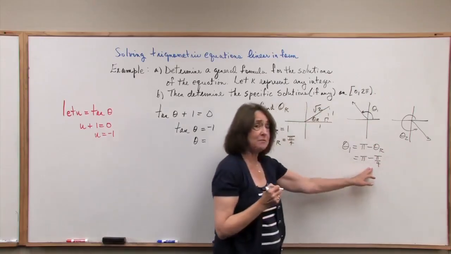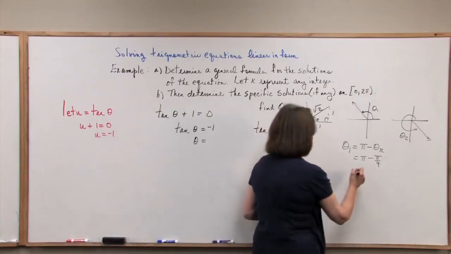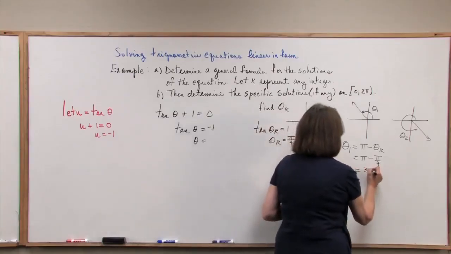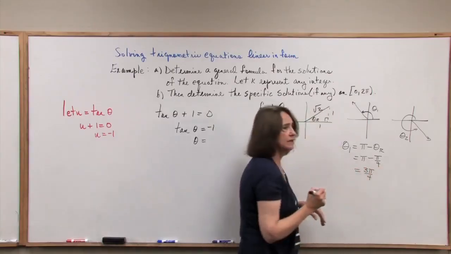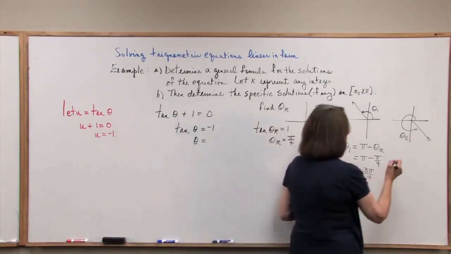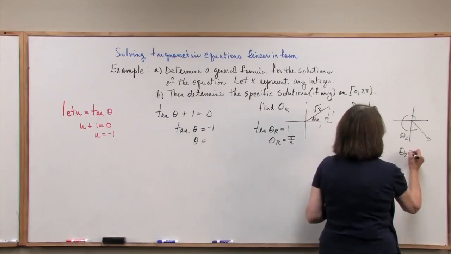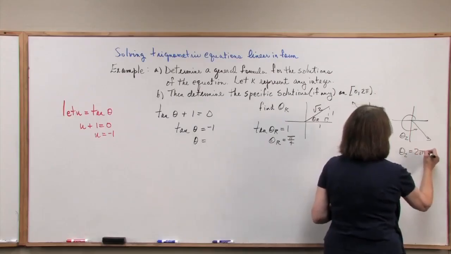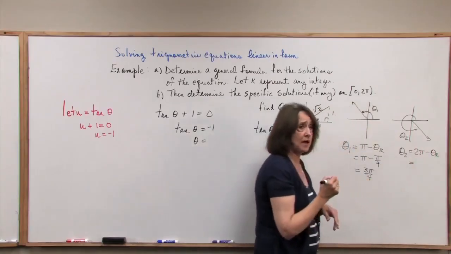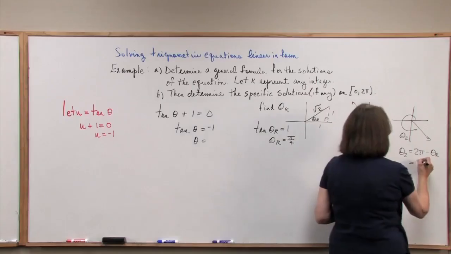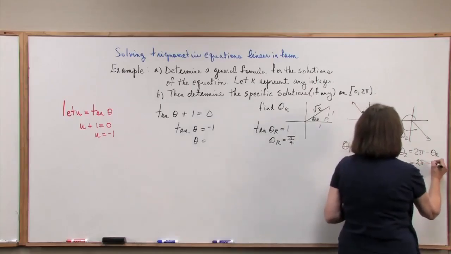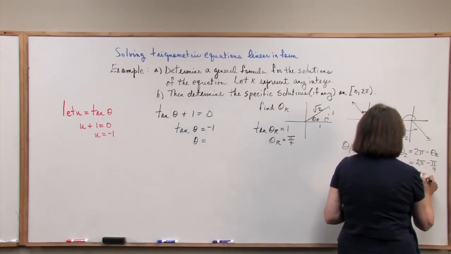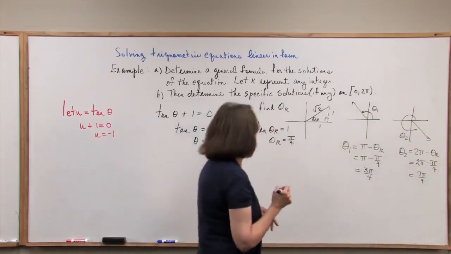So pi minus pi over 4 is 3 pi over 4. And then quadrant 4, we want to subtract the reference angle from 2 pi. 2 pi minus pi over 4 is 7 pi over 4.